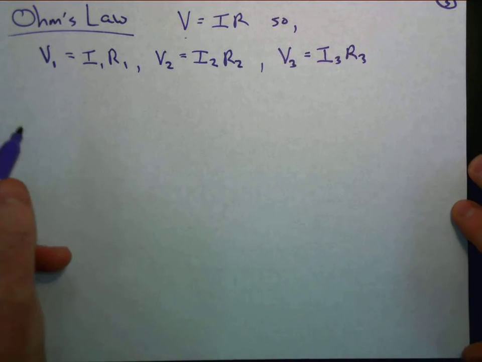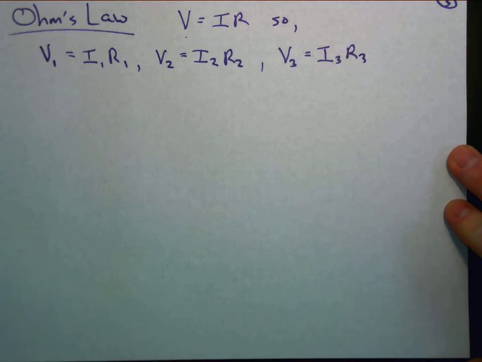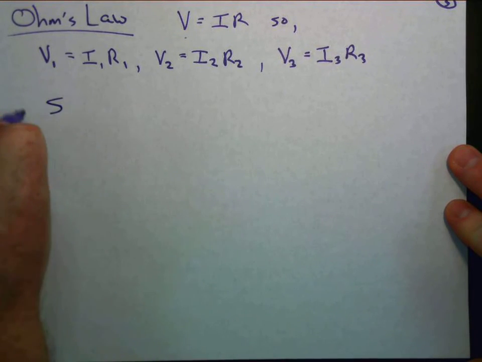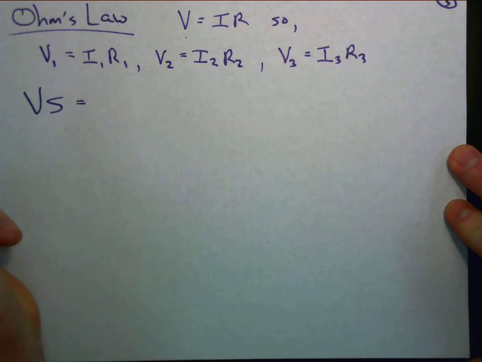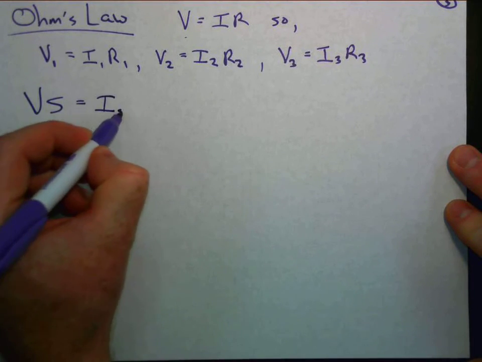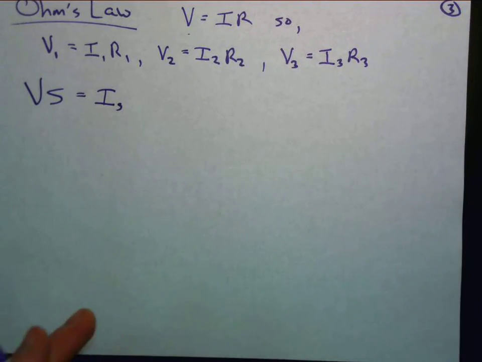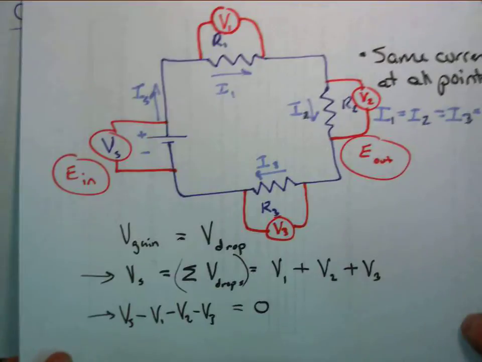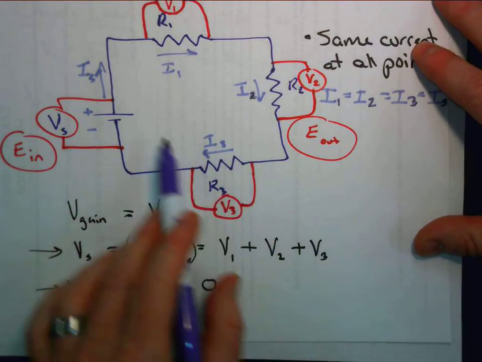So we're going to combine these, and we're actually going to see, okay, so voltage of the source, sorry, don't need a big S, need a big V, equals the current from the source multiplied by, check this out. Remember that the current is the same everywhere.